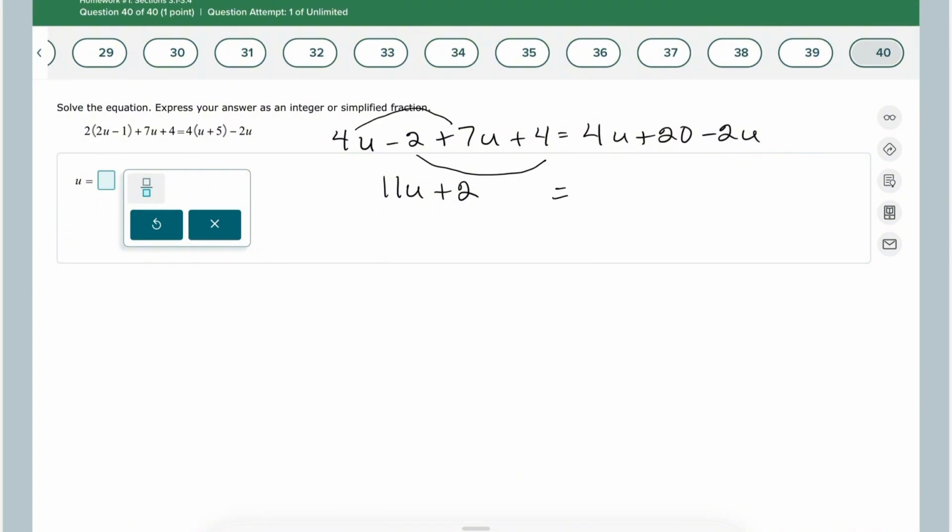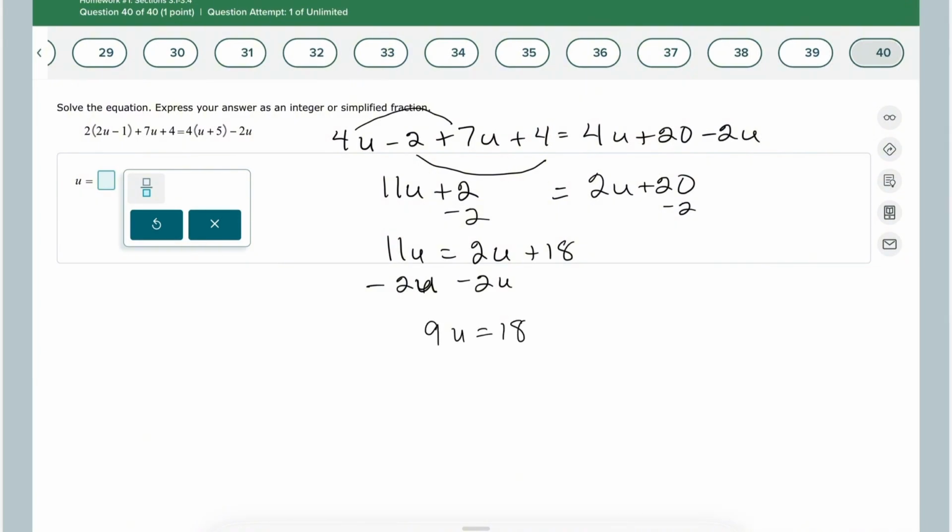And then that's equal to 2u plus 20. And then I'm going to subtract 2 from both sides. I'm going to get 11u equals 2u plus 18. And then I'm going to subtract 2u. That's a u, not a 6. And I get 9u equals 18. And of course, u equals 2.